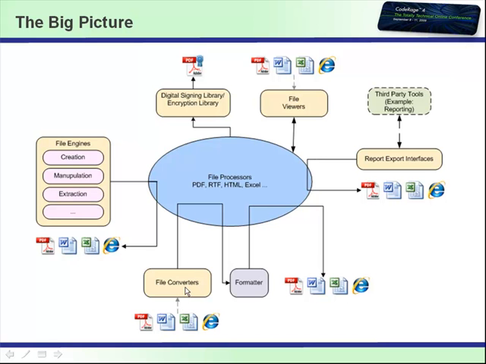And then we have the file converters technology. Again, we have kept it as generic as possible so that we can handle any kind of new formats that come up.